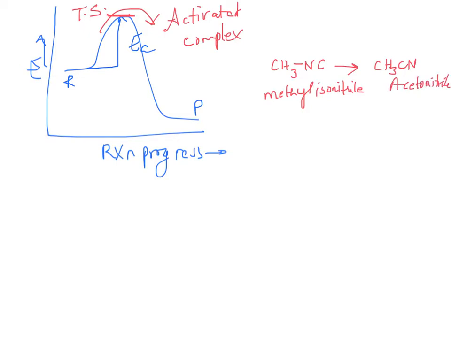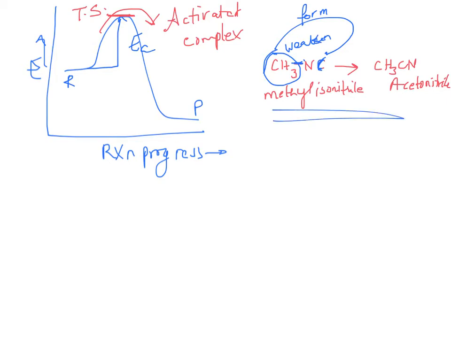All right, so envision what has to happen. The bond between the carbon and the nitrogen has to weaken until the CH3 breaks away, and then this CH3 has to somehow attack the carbon right here, so it has to bind to that. So there is one bond that needs to weaken and break away, and there is another bond that needs to get formed. Both of those things have to take place.